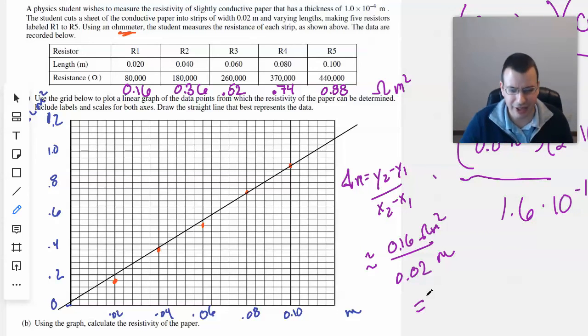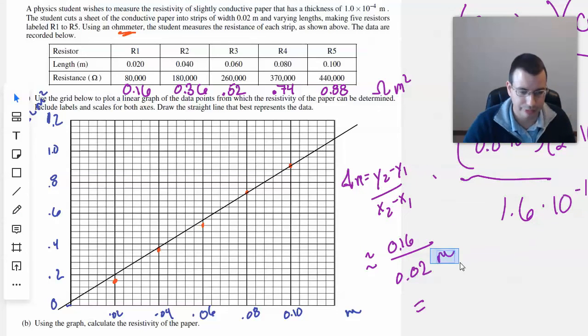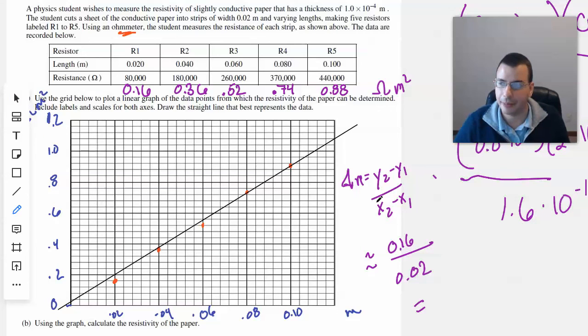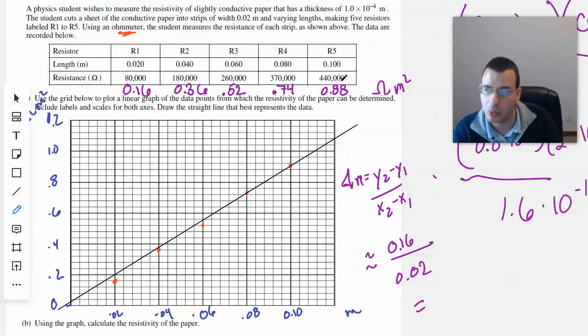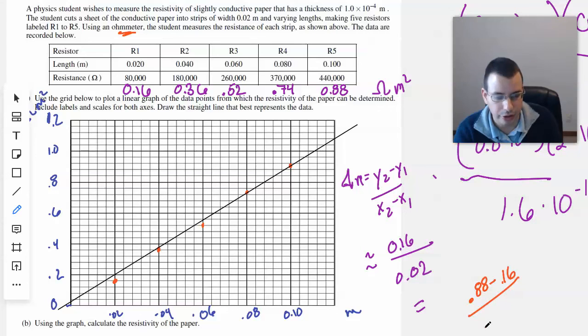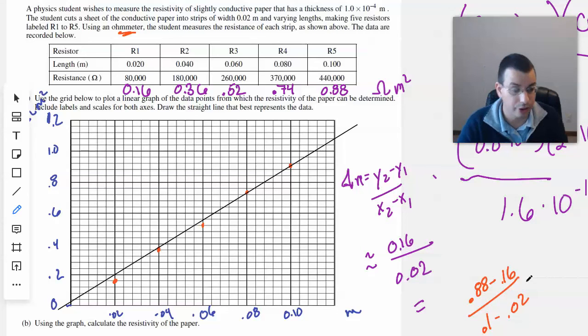Oh, wait a second. I forgot to do the whole subtraction part. Slope of line. Okay, actually, here, so let's do y2, which would be 0.88 minus 0.16 all over 0.1 minus 0.02. There we go.